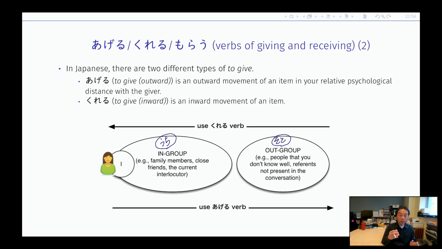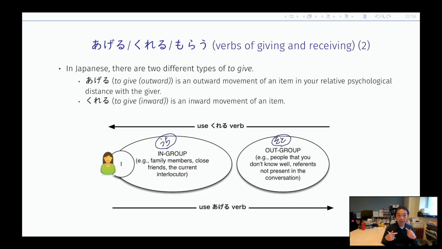So things move from someone close to you to someone who is not close to you. So if the thing moves to out-group, we use あげる. Okay. And then if the transaction takes place from out-group to in-group, we use くれる. Okay. In both of them, the subject is the giver.